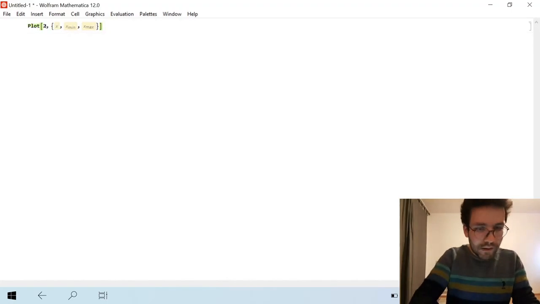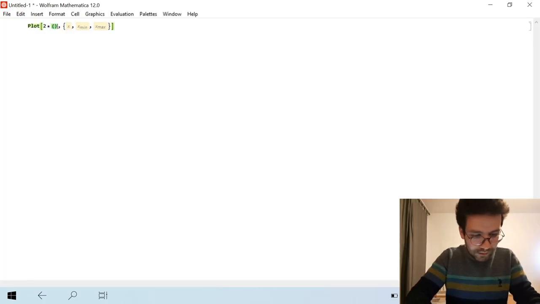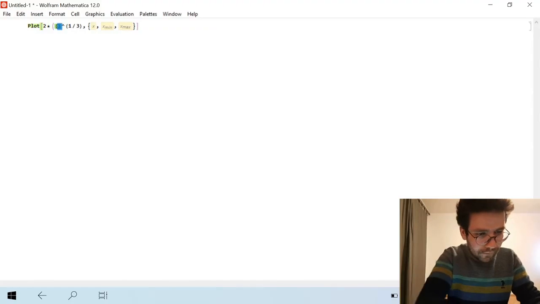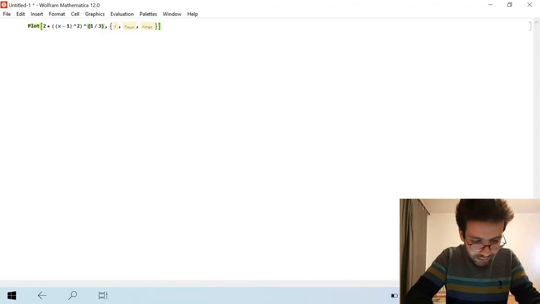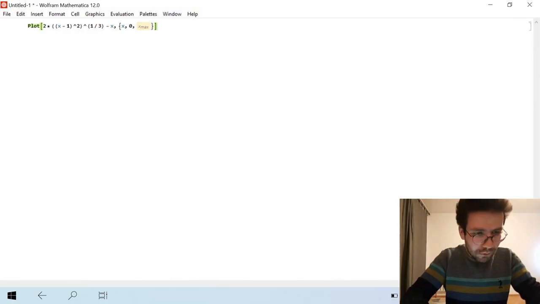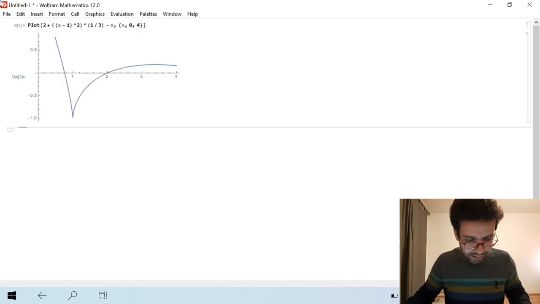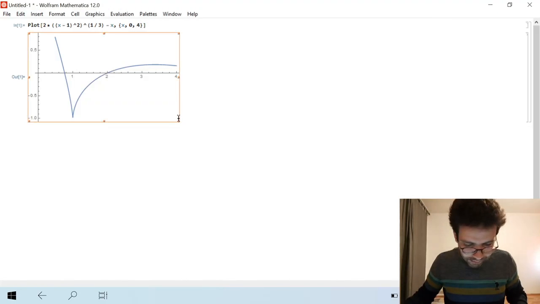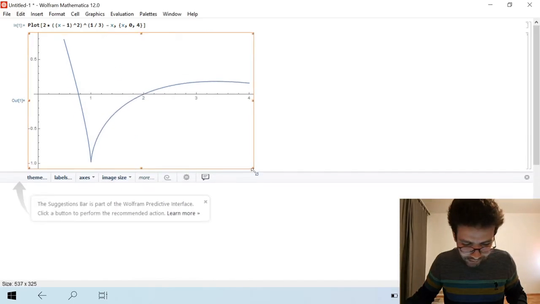I'm going to take the cube root of x minus 1 squared, multiply by 2, and subtract x, and I'm interested in x values between 0 and 4. Let's plot this. This is the graph of the function.